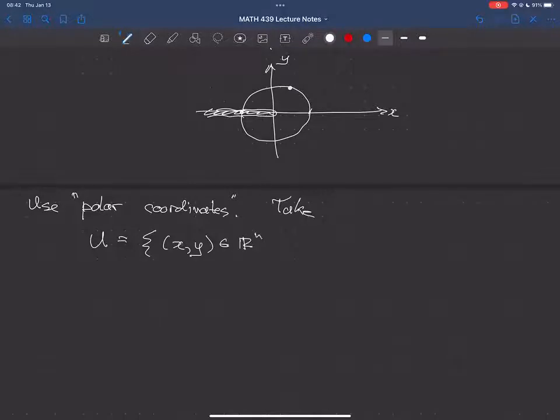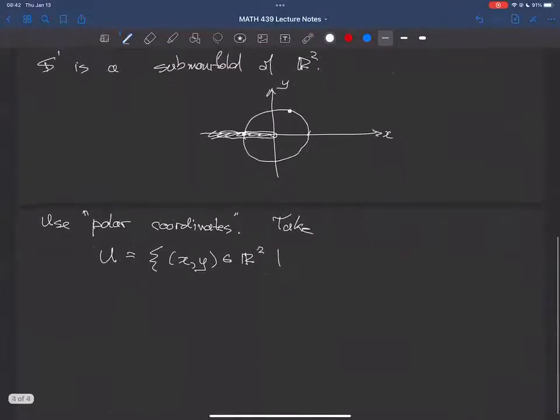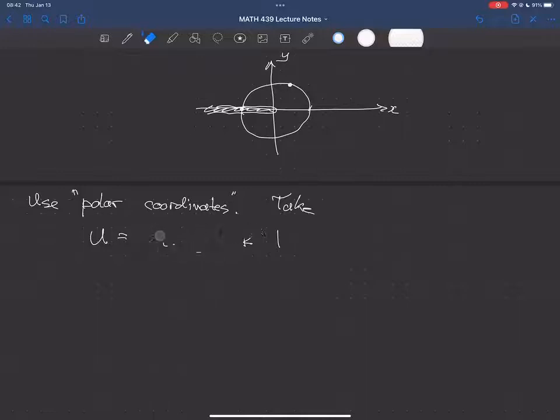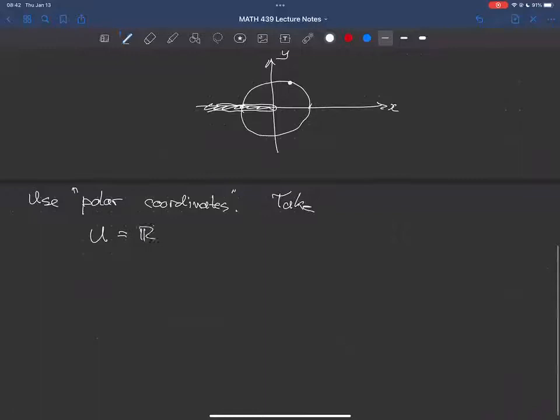We're going to take R2 and excise the following set of points: we take away the points (X, 0) where X is less than or equal to 0.